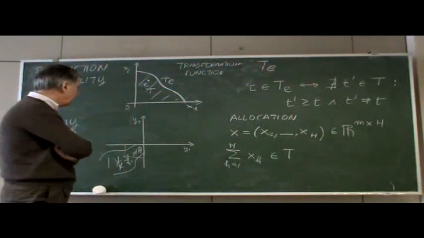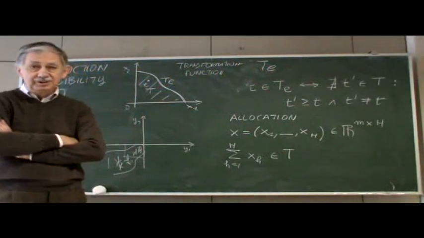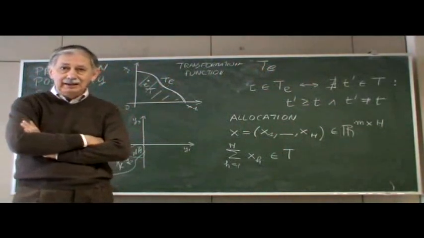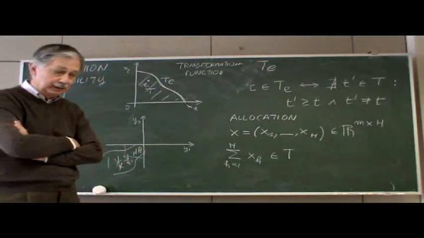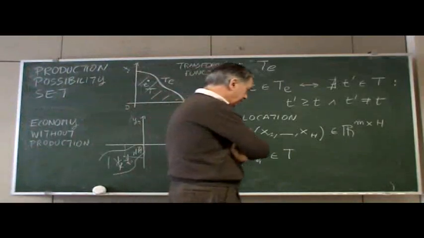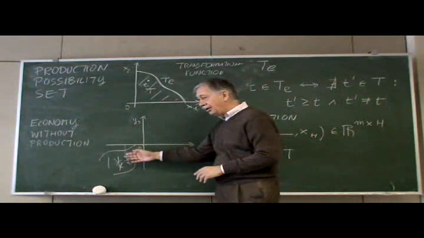Suppose that one of these goods is not really a good, it is an evil. For example, rubbish from a household. Rubbish is sold to a firm which destroys it.